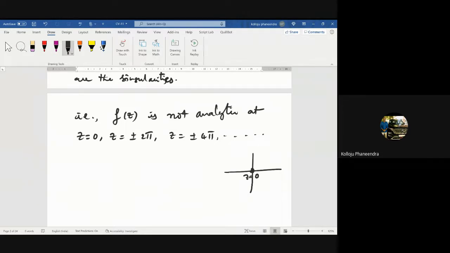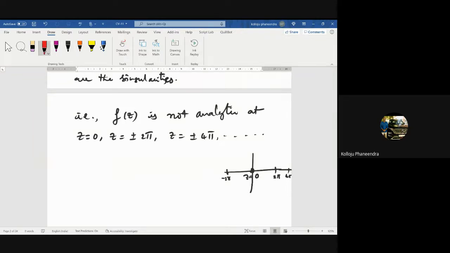I already told you this is the Taylor series about the point z equal to z0, which is called the center. And within what radius? Assume this is 2 pi and this is minus 2 pi. Which point is at the least distance? 2 pi is the least distance. The next one is 4 pi.